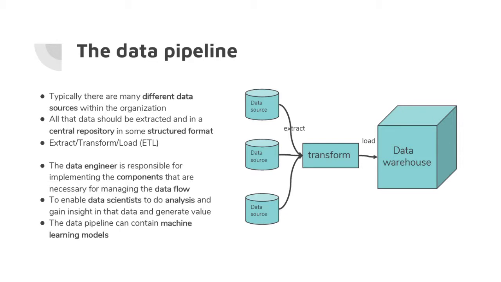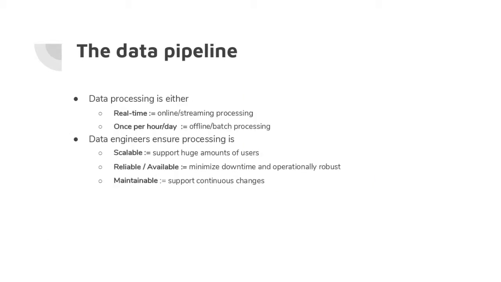So the data engineer is responsible for implementing these components. And the goal is to enable data scientists to do analysis on that warehouse and gain insights into the data. And obviously, the data pipeline can also contain machine learning models.